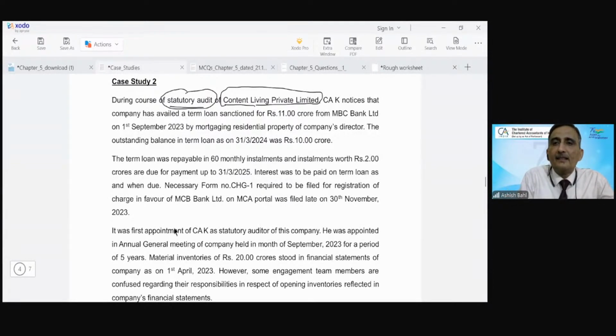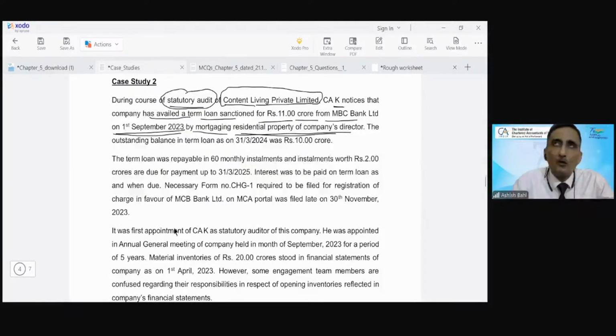CA K notices that company has availed a term loan sanctioned for rupees 11 crore from MBC Bank Limited on 1st September 23, by mortgaging residential property of company's director.